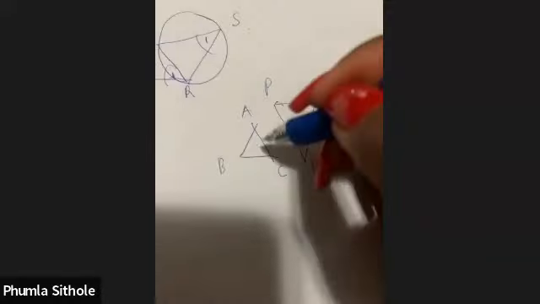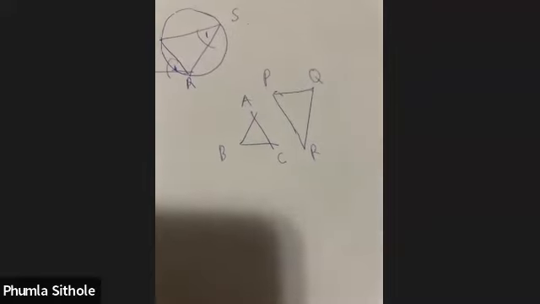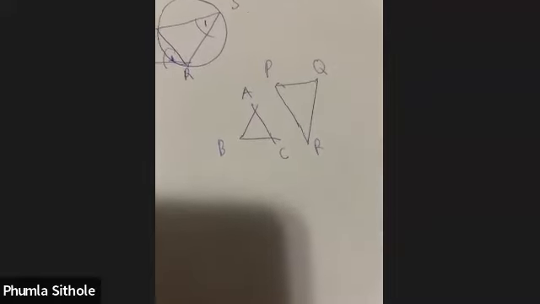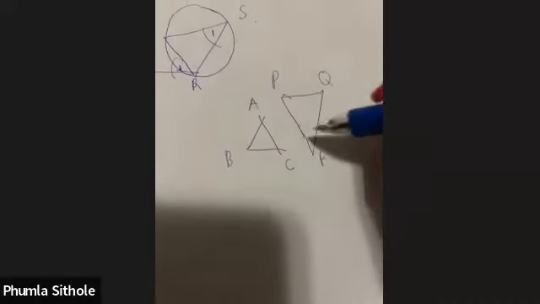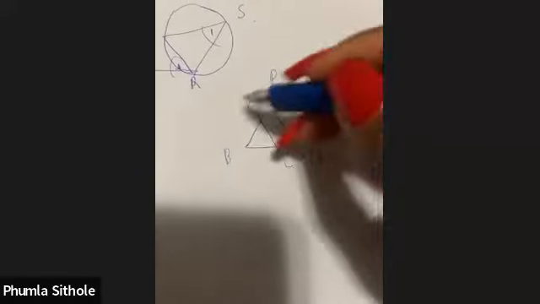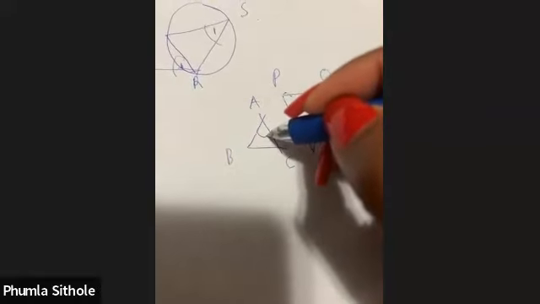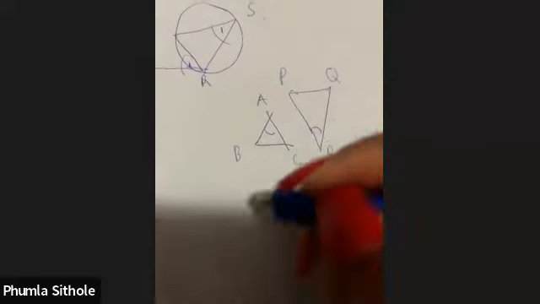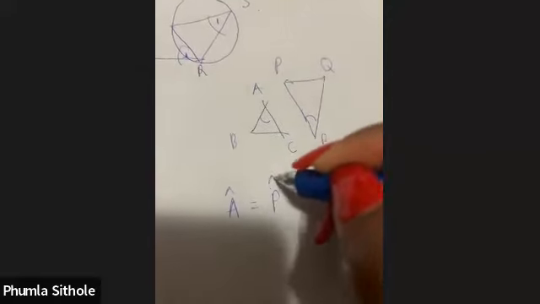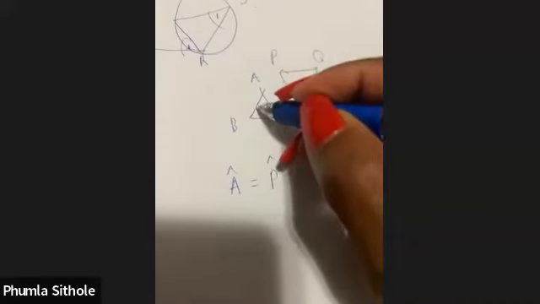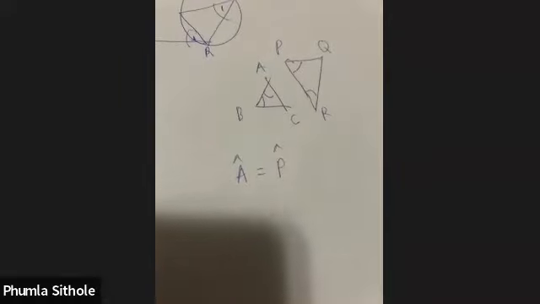One angle from here is the same as one angle from the other triangle. And another thing, as you said, there's a ratio: if they expand by 2, every side will expand by 2. Let's say this angle is the same as this one. Then you say angle A is equal to angle P. Then let's say this one is the same as this one. It doesn't matter how they are.